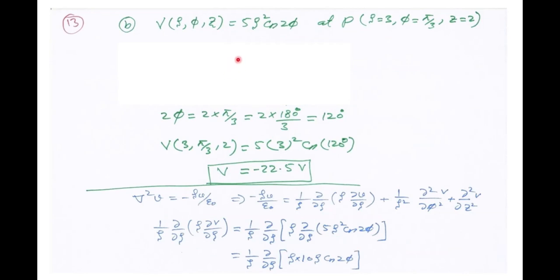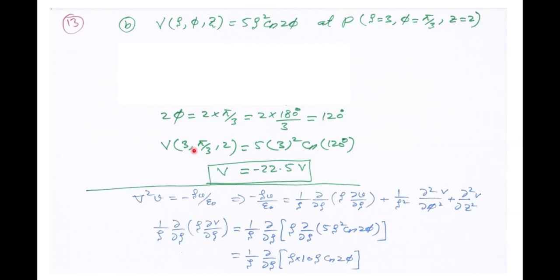In the second part, we are given the potential function in the cylindrical coordinate system at a point rho equal to 3, phi equal to pi by 3, z equal to 2. As the angle is given in radians, first convert the angle into degrees. So phi equal to pi by 3, which is equal to 60 degrees, and 2 phi equal to 2 times pi by 3, which is equal to 120 degrees.